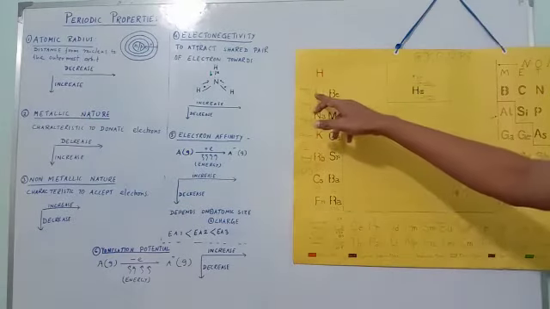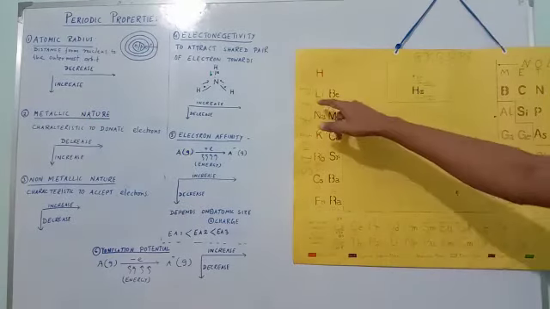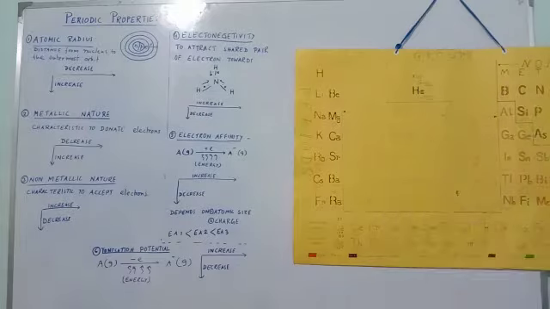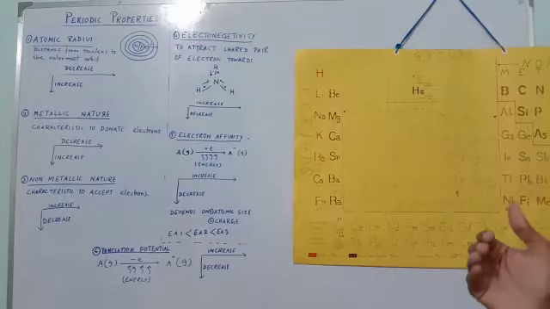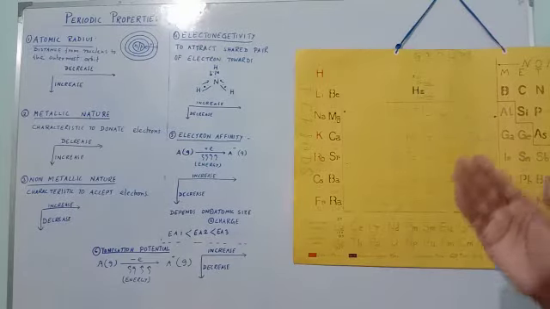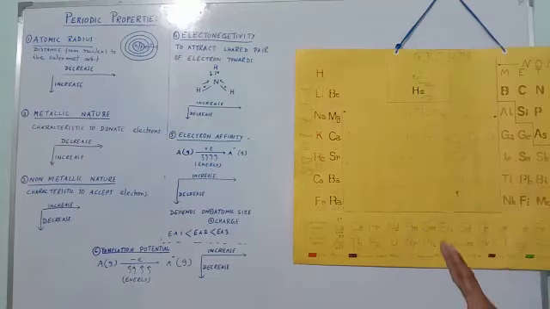Now if we move along a period, lithium, beryllium, boron, carbon, nitrogen, oxygen, fluorine, atomic radius decreases due to the increase in the charge in the nucleus and in the outermost orbits.